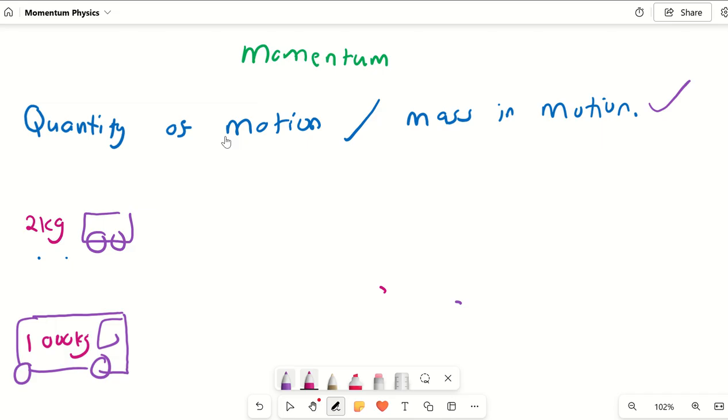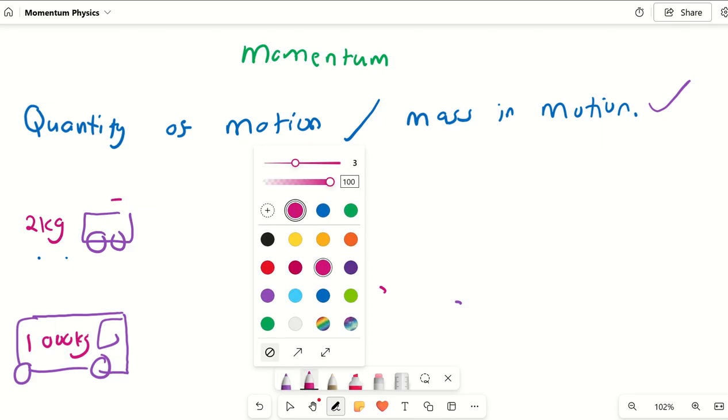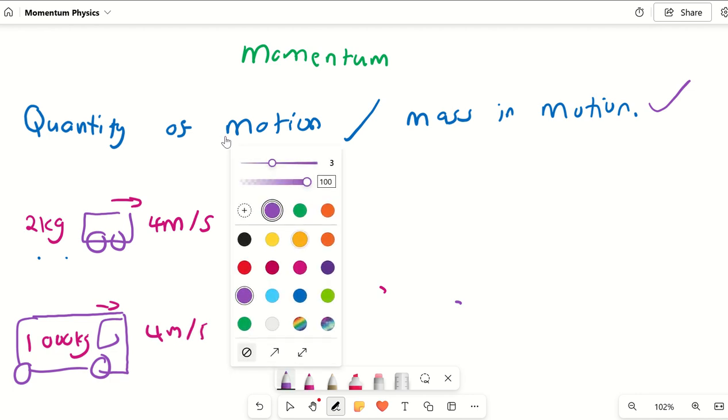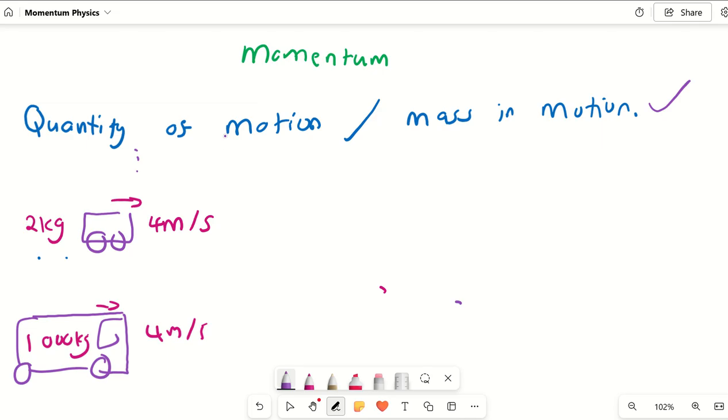They are moving in the same direction to the right, both at the velocity of 4 meters per second. They're moving at the same speed, which means they're moving on the same line, level like that.